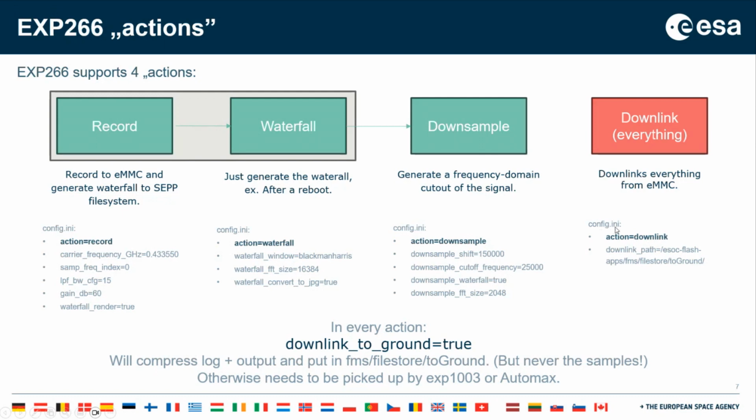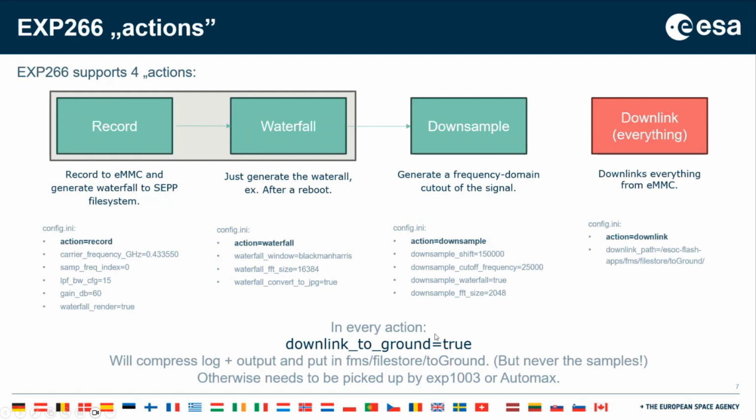I'm pretty sure if we run it on an empty SEP, we could actually downlink everything from the memory. But in the other case, we risk a reboot of the system. So it is implemented and you can do it, but you probably should never use it. Maybe for debug on the EM, but on the flight model, it should probably never be used.